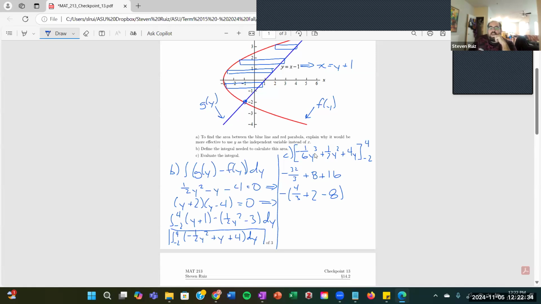So -32/3 minus 4/3 is negative 36 thirds, or negative 12. 8 plus 6 is 24. 2 plus 8 is minus 6, so that's negative 6 plus 6. So all told, I think I got an area of 18. So the area between those two curves is 18.